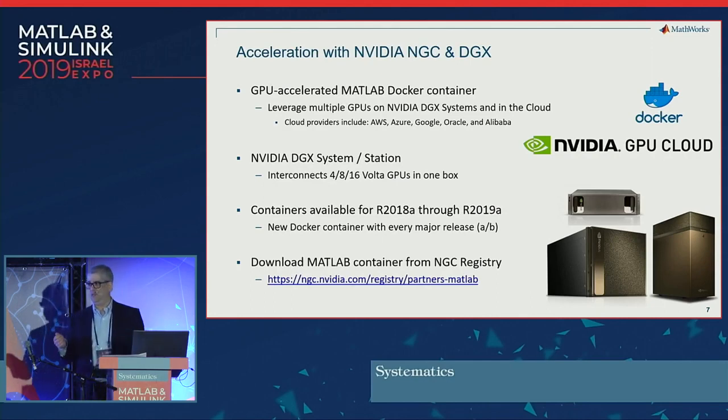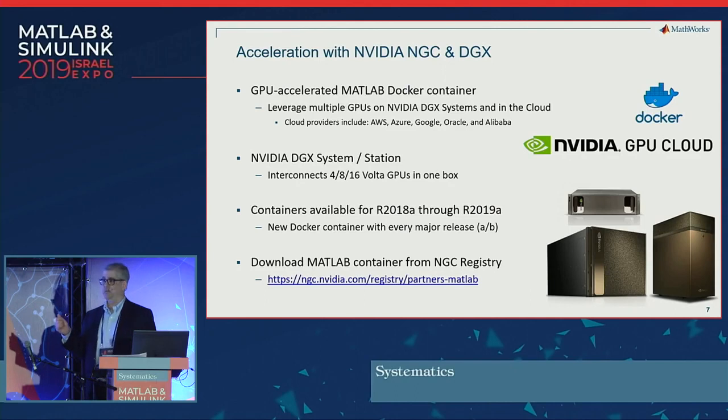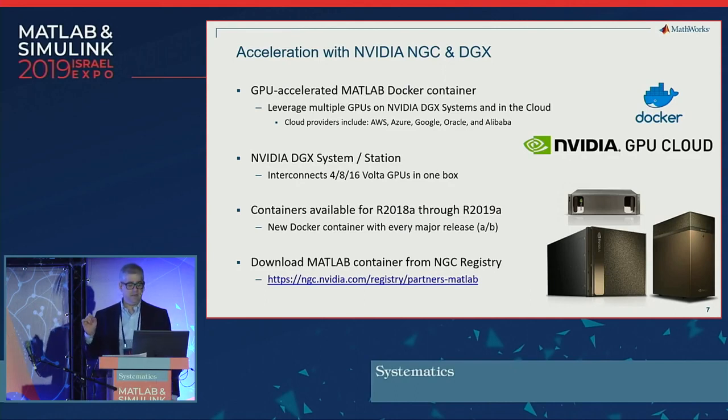You would log into the container. Depending upon the license type, with an individual license, you would log into it. With a concurrent license, you'd need a little help from your IT department to be able to tunnel through to your license server. So we're putting this out with every release. The container generally comes out a couple of weeks right after the release, but it's available at the address that you can see down here below.